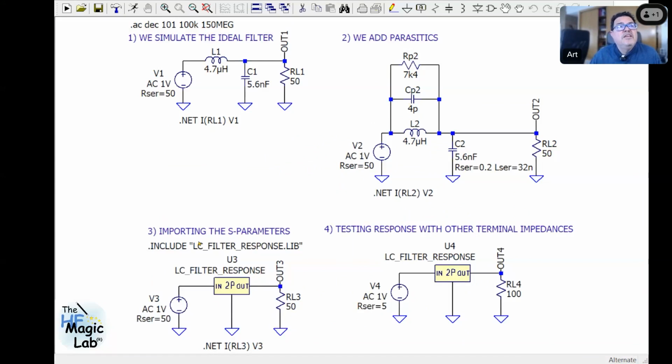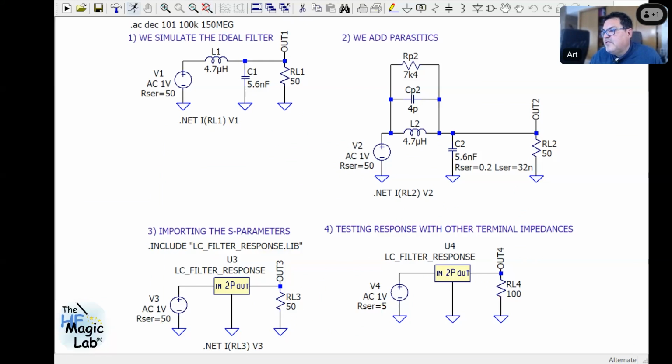You have here the system I have imported, and now the same imported circuit, but with the terminal impedances equal to 5 and 100 ohms. So let's go to LTSPICE, and we are going to simulate this. What is the difference between using 50 ohms or introducing my filter in a 100 ohm system?